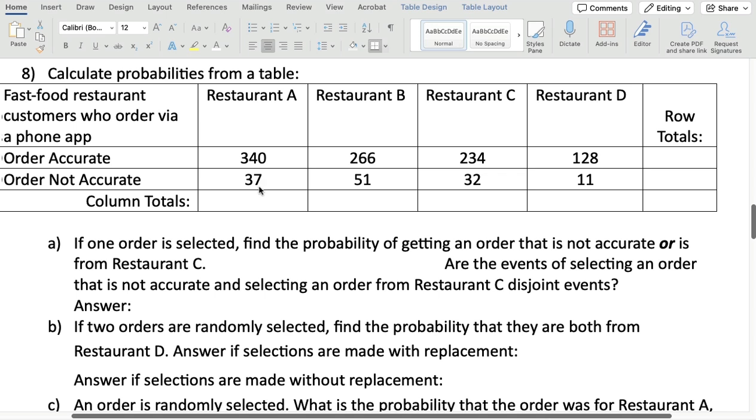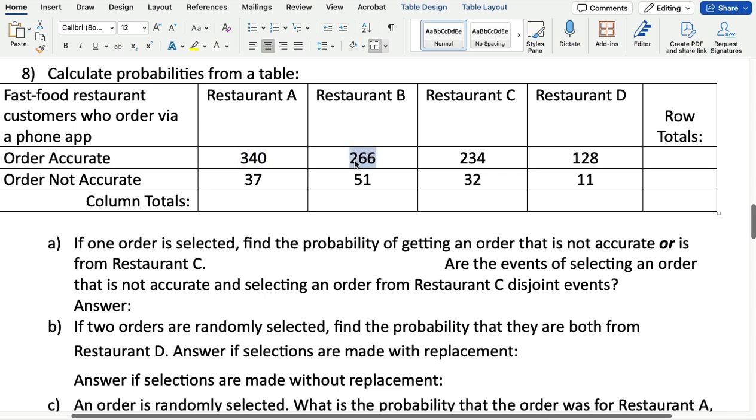So what did the customer actually receive, what they ordered? And the numbers are spread out, as you can see here. So when you look at a table like this, the numbers are given to you as distinct numbers. So basically, this 340 that you see here is only pertaining to the orders from restaurant A that also were accurate. Okay, so these are the and probabilities.